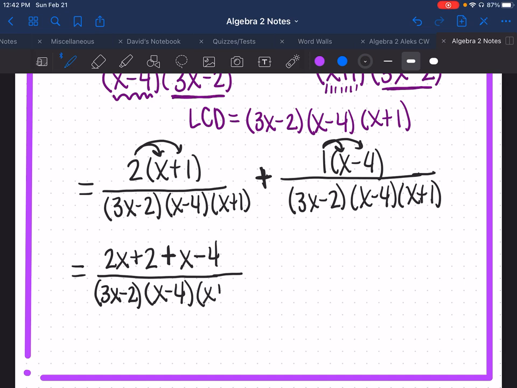Now you're going to combine together your like terms on the top. You're going to add together the 2x plus the 1x, and combine the 2 minus the 4. So here we go. 2x plus 1x is 3x, and 2 minus 4 is minus 2.